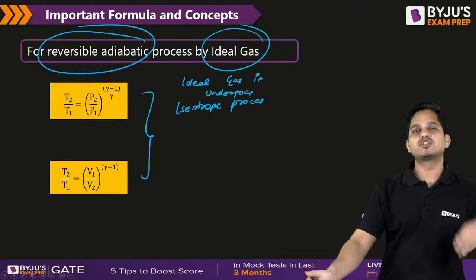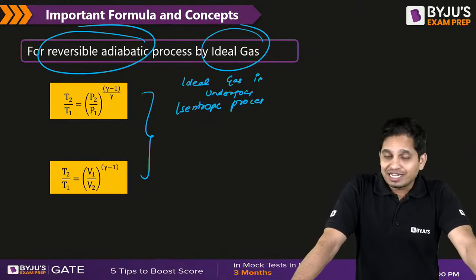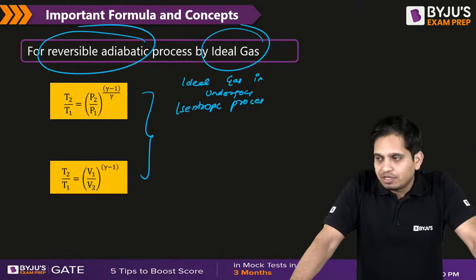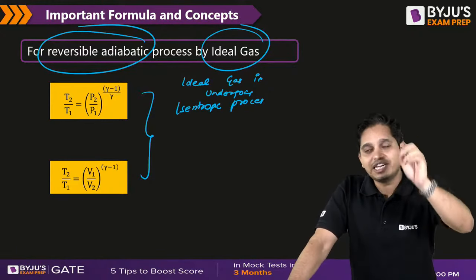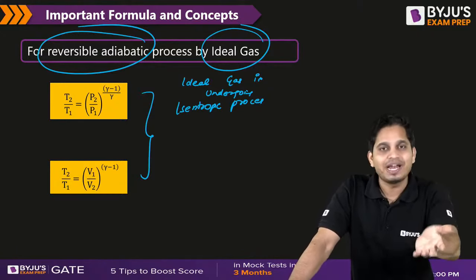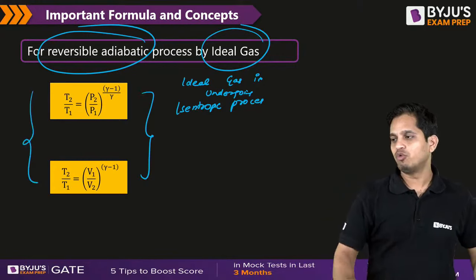So many students just go and apply it anywhere. You cannot do that. First see if it is a gas, then see if it is an ideal gas, then see if it is reversible adiabatic. Then only you can apply these two equations.